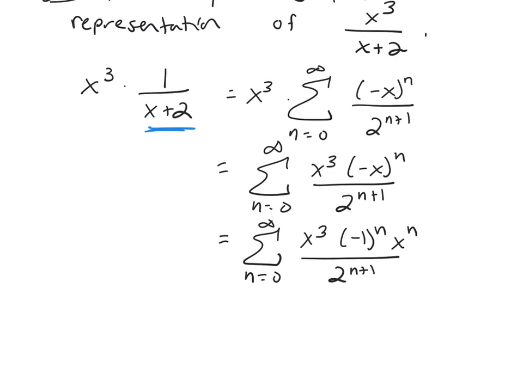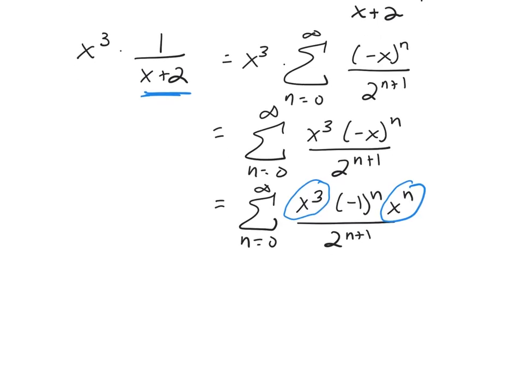If I look at my two bases for my exponents, let me circle them in blue, this one and this one, they now both have a base of x. So now that they have the same bases, we can shove them together, add their powers, and I get n plus 3 for my new exponent.